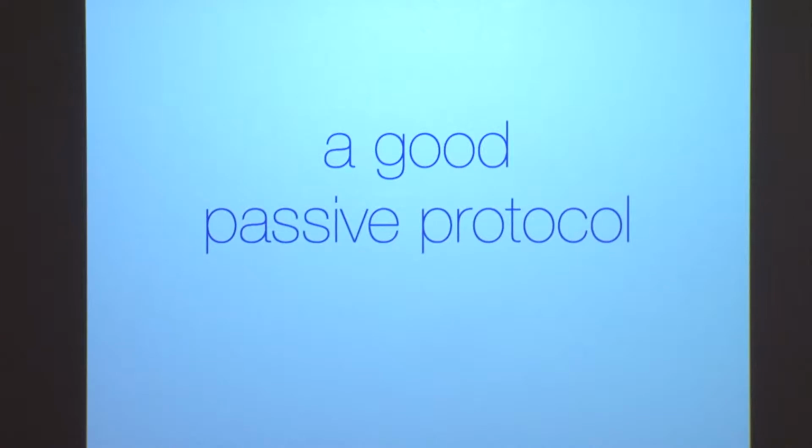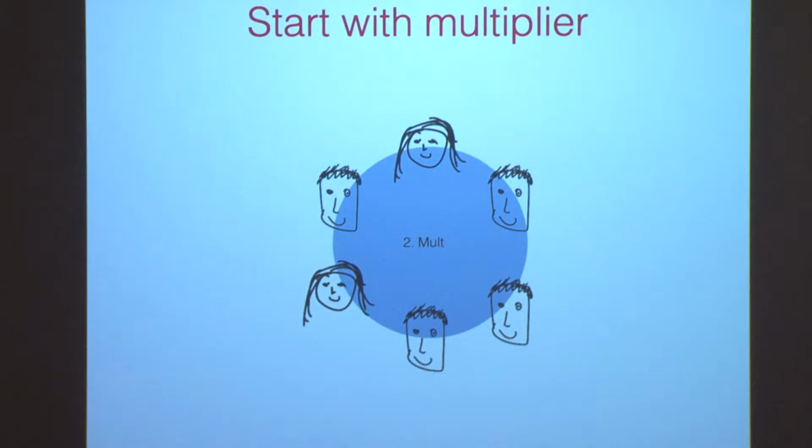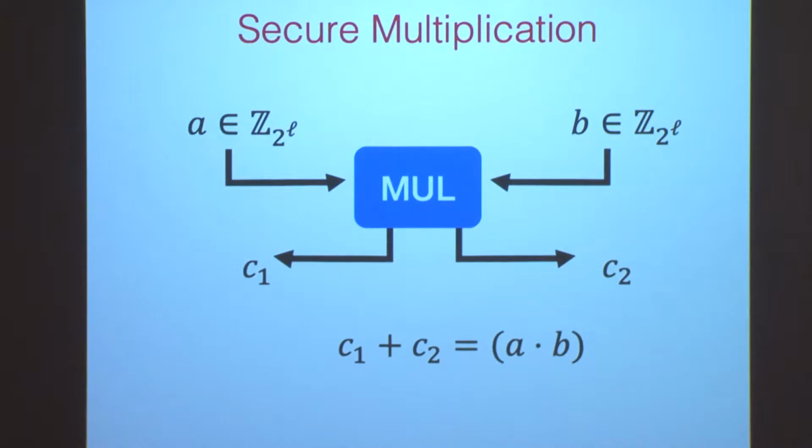All right, so we are now in search of a good passive protocol to do RSA modulus generation among 1024 parties. We said first you're going to sample some prime number candidates, and then you want to multiply. So let's start with the operation of just multiplication. What we want is a primitive called secure multiplication.